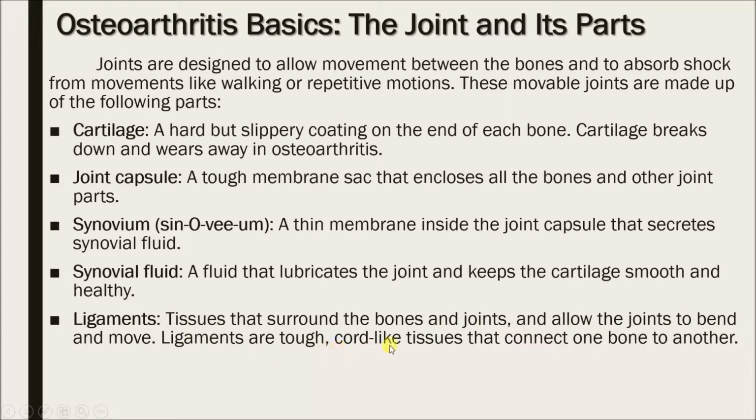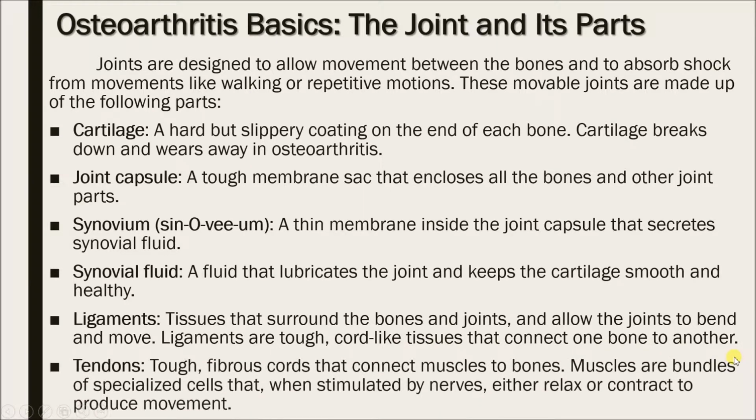Ligaments are tough, cord-like tissues that connect one bone to another bone. Tendons are tough fibrous cords that connect muscles to bone. Muscles are bundles of specialized cells that, when stimulated by nerves, either relax or contract to produce movement.